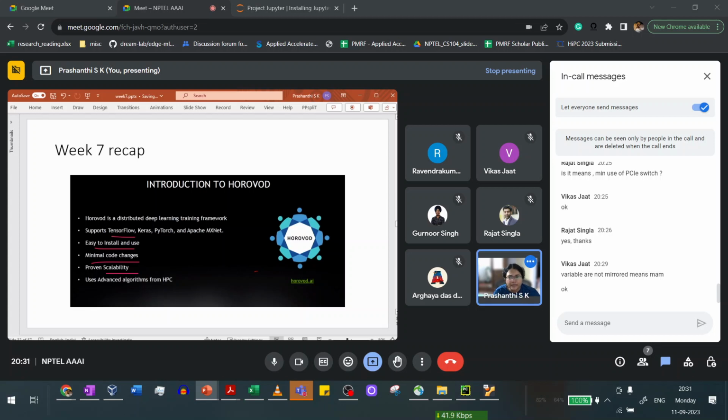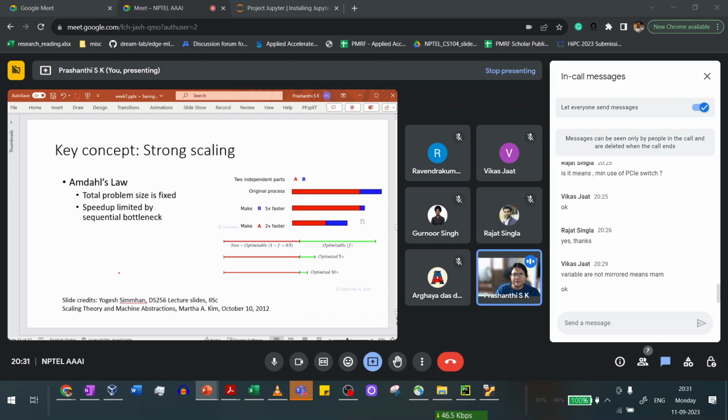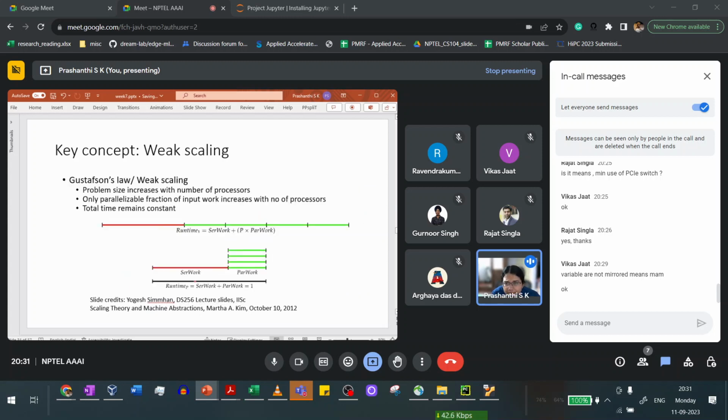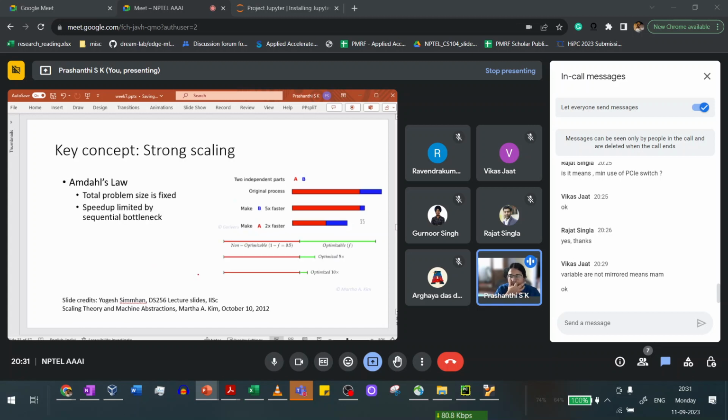This is broadly it, but you will notice this term scalability in a lot of deep learning libraries, which will make this claim of scalability. So it's important for you to understand what is scaling in this context and what are the two variants of scaling. We will talk about this a little, and I've given you some references also, so you can go look at that afterwards if you like.